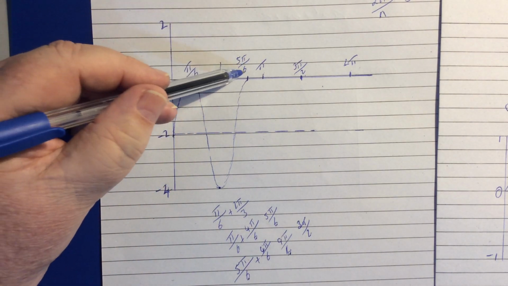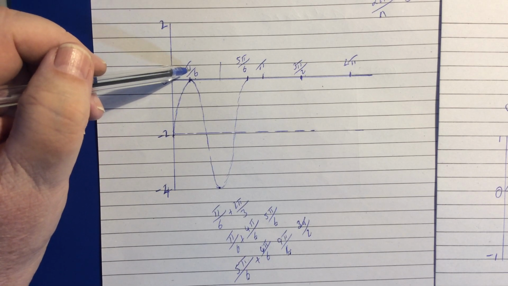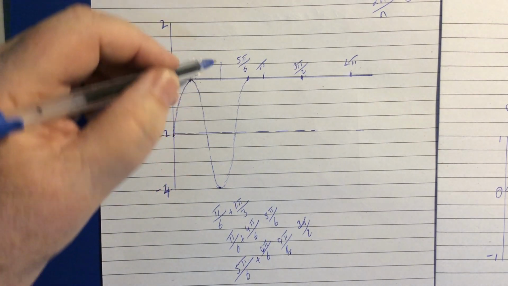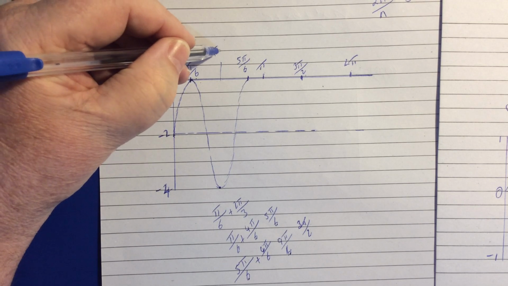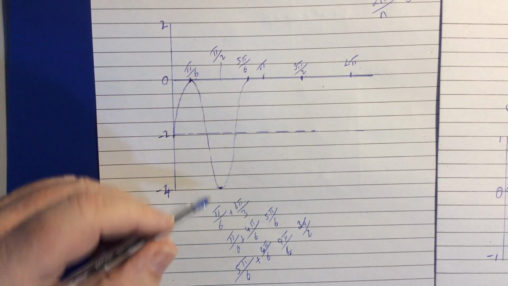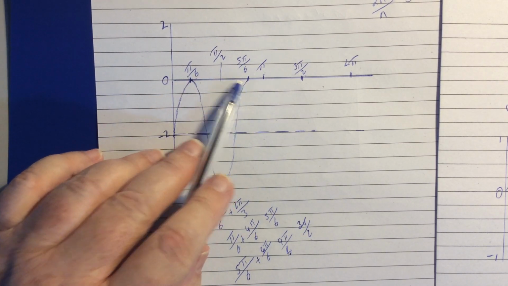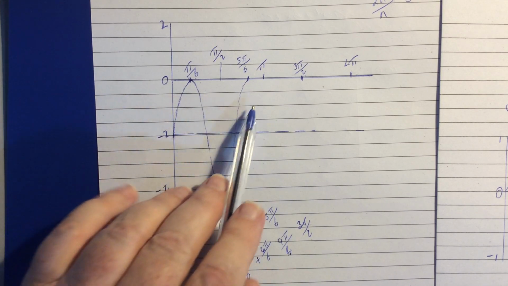So the midpoint between these 2 points is actually 3 pi on 6, which is pi on 2. Okay, so this point down here is pi on 2, simply the midpoint because these things are symmetrical.